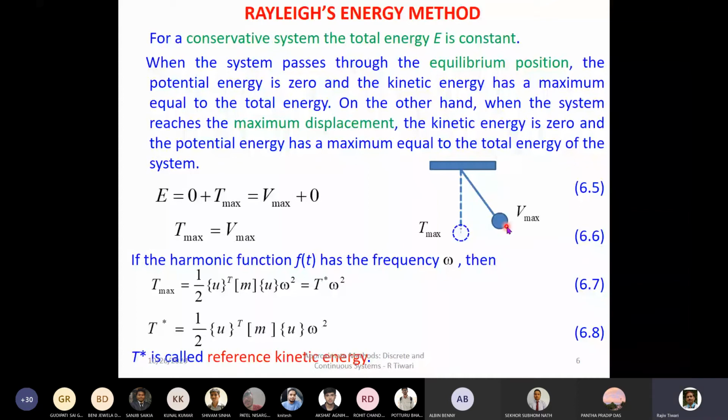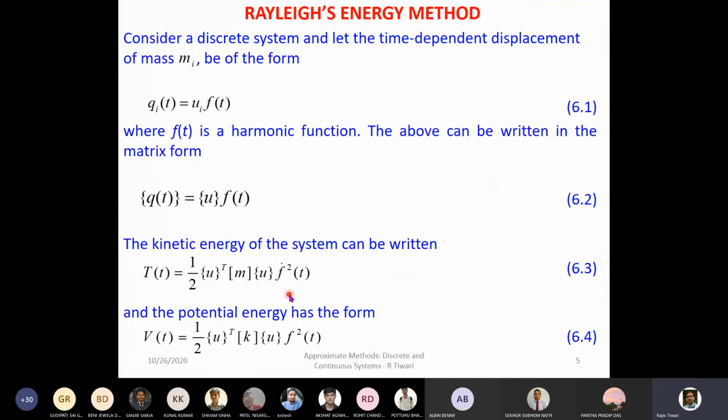Now, if f(t) is harmonic, then this first derivative which we had earlier, we can write it as omega square, because f dot will give us omega f.